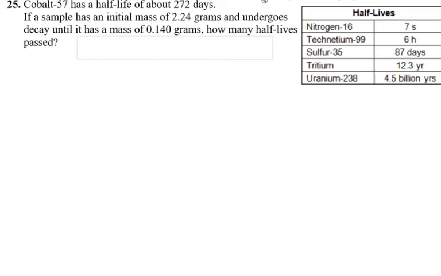So as before, I'm going to start with the half-life formula. So the number of the radioactive elements after some time is equal to the initial number of the radioactive elements times e to the power of negative lambda times t.